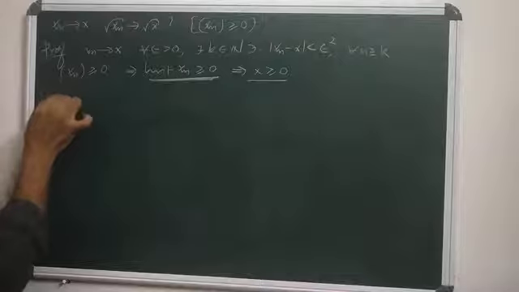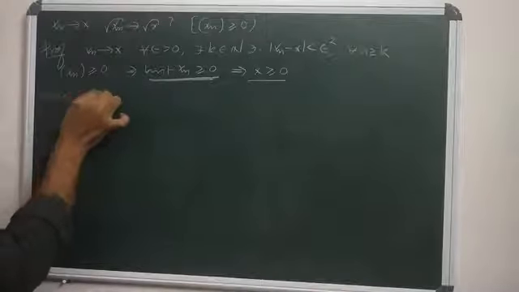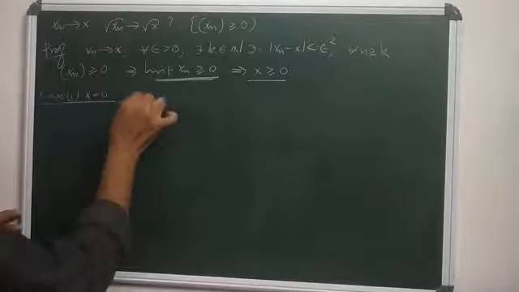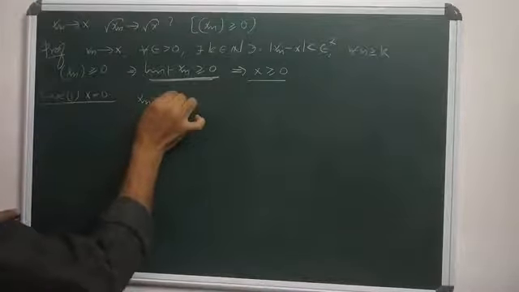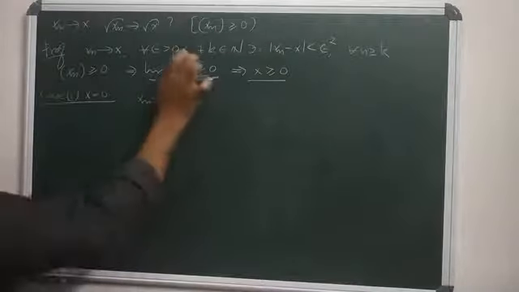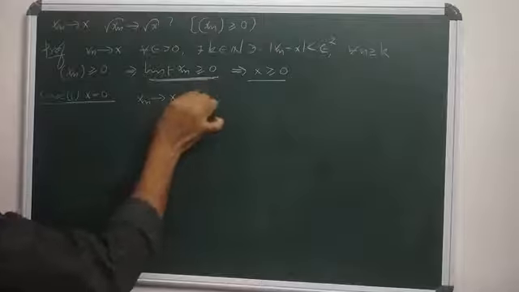Now, first case: x equals 0. There are two possibilities: either x equals 0 or x greater than 0. First possibility, x equals 0. We know that xn converges to x, and x equals 0.